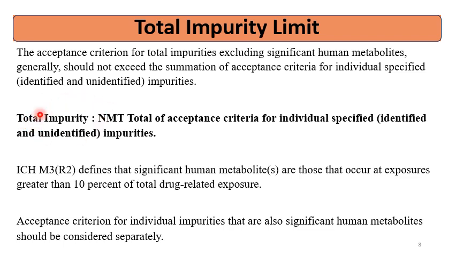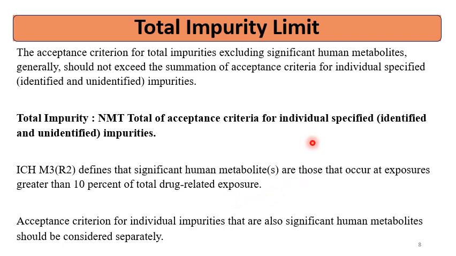So the simple definition of total impurity becomes not more than the total of the acceptance criteria for individual specified impurities. ICH M3(R2) defines significant human metabolites as those that occur at exposures greater than 10% of the total drug related exposure.